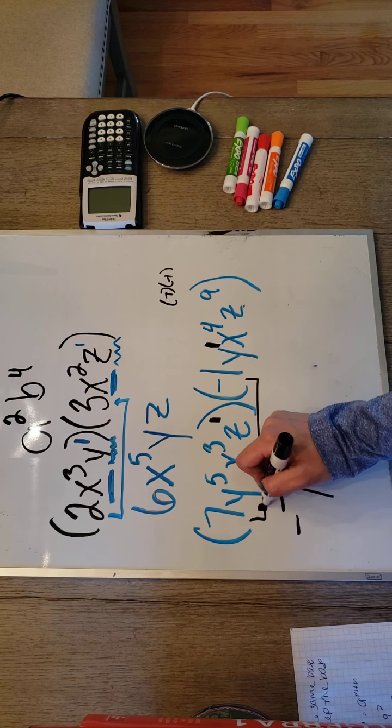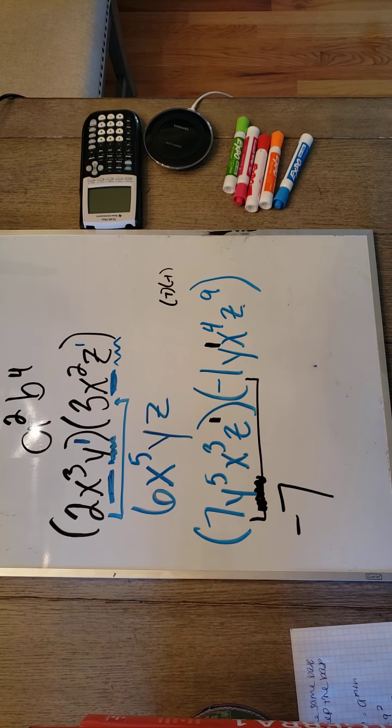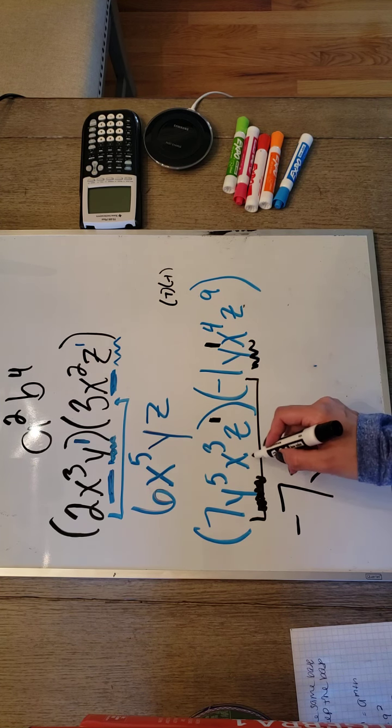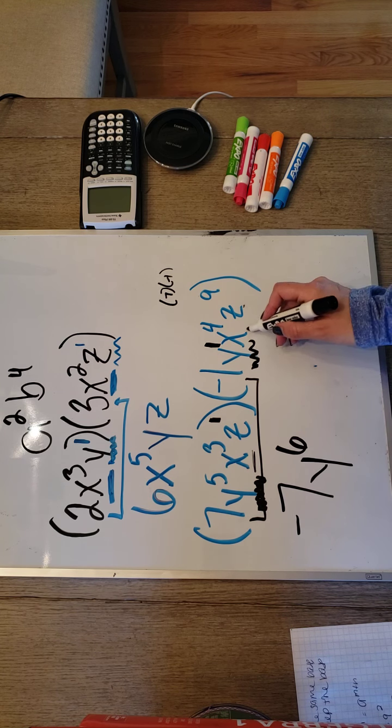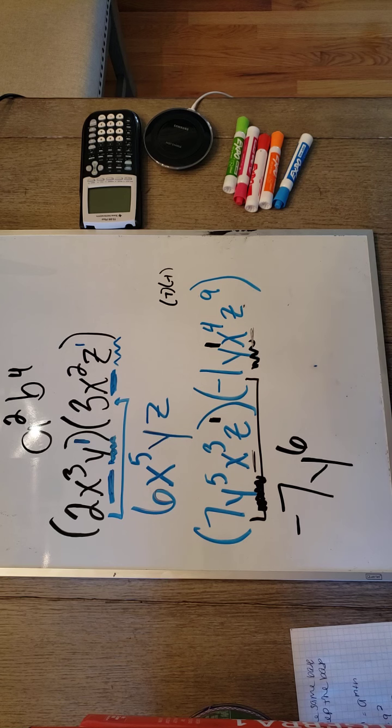Go to your first variable. We have y to the 5th. Is there any other y? Yep. So keep your base, add your exponent. 5 plus 1 is 6. Move to your next. We have x to the 3rd. Is there any other x? Yep, x to the 4th.